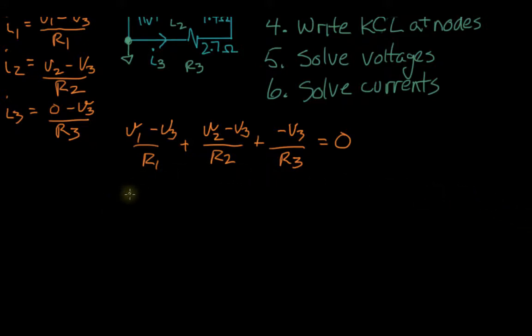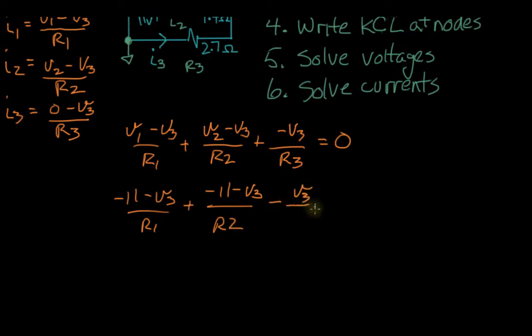So let's fill in the voltages that we know. Okay, minus 11 volts minus V3 over R1 plus minus 11 volts minus V3 over R2 minus V3 over R3 equals 0.